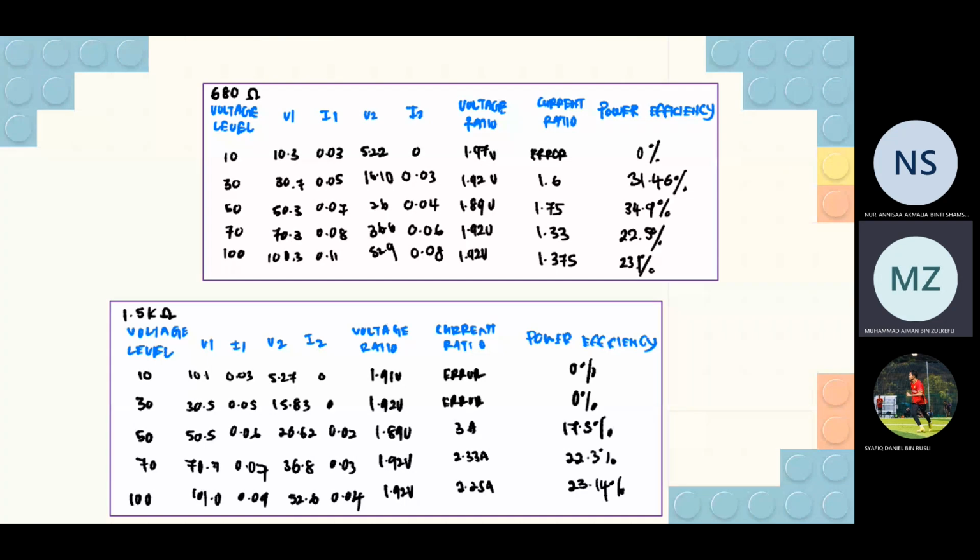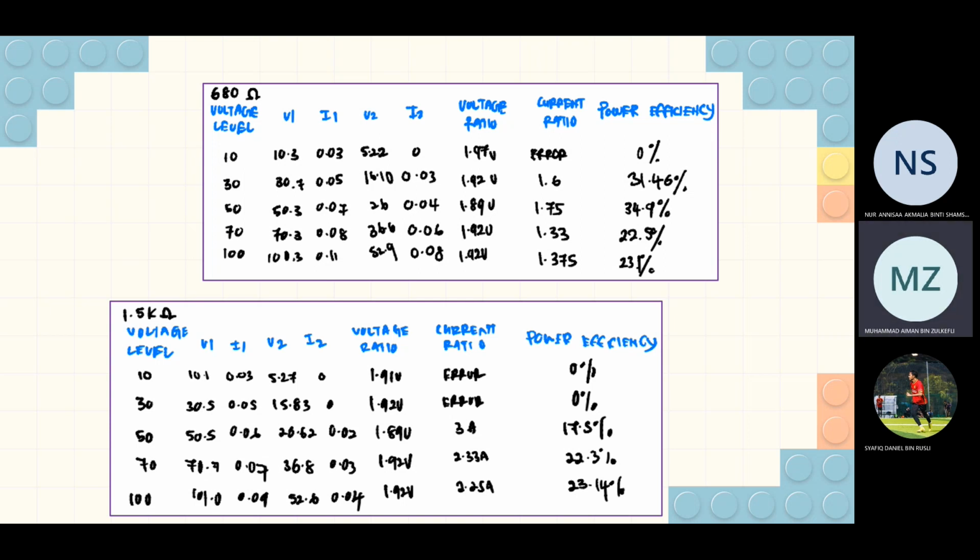Then for voltage level 30, V1 we get 30.7, I1 0.05, V2 16.10, I2 0.03, voltage ratio 1.92, current ratio 1.6, power efficiency 31.46%.